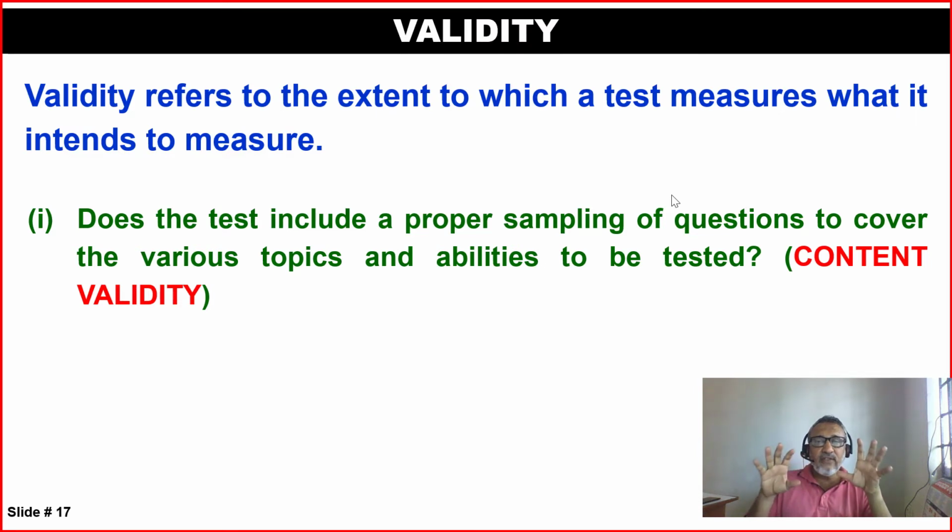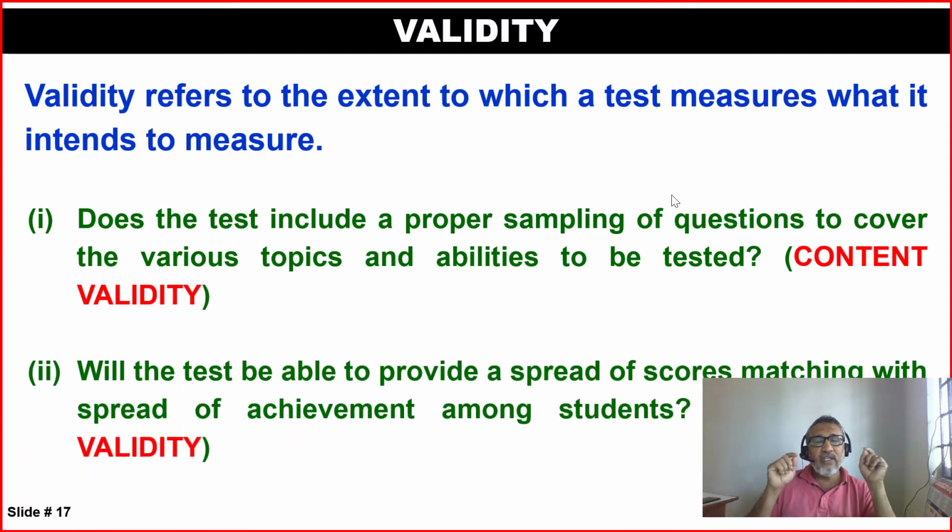Content validity means there will be a lot of content in a particular course. There should be proper sampling of the content in the course. That is, the test should test a representative sample of the content. This representative sampling means that all parts of the content are tested through a representative sample.